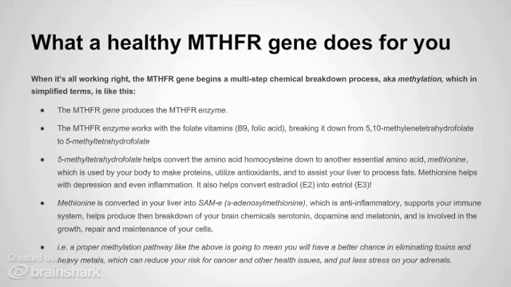So what the hell does the MTHFR gene do? Once you understand that, you know what it doesn't do when there is a problem. The MTHFR gene produces the MTHFR enzyme, which works with folate, vitamins like B9, folic acid, and breaks it down to 5-10 methylene tetrahydrofolate.